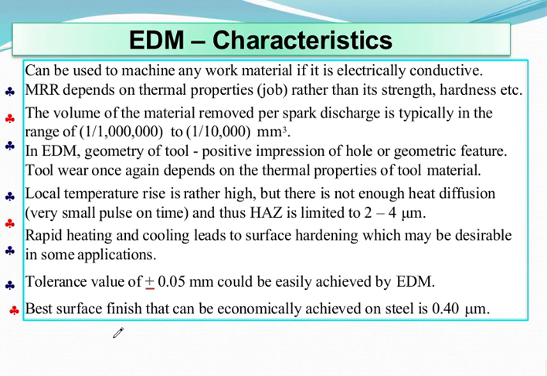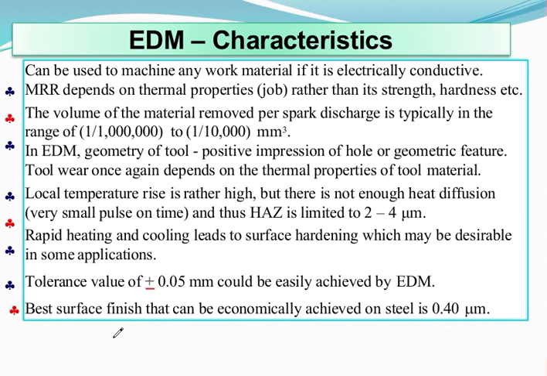In EDM, the geometry of the tool, the positive impression of the hole or geometric features, and tool wear once again depend on the thermal properties of the tool material. Local temperature rise is rather high, but there is enough heat diffusion. If a very small pulse on time is used, then the roughness is limited to between 2 to 4 micrometer.